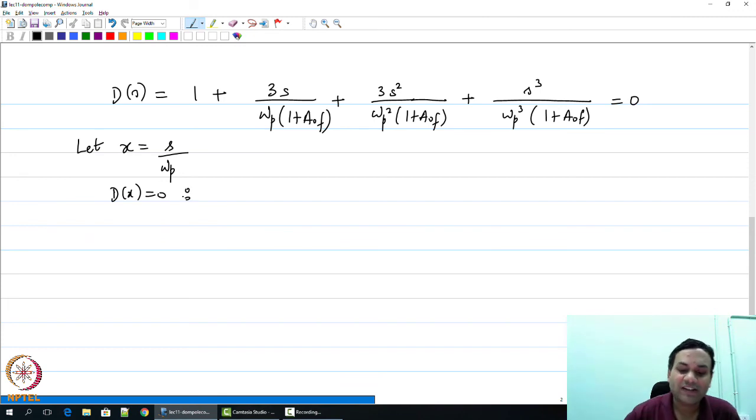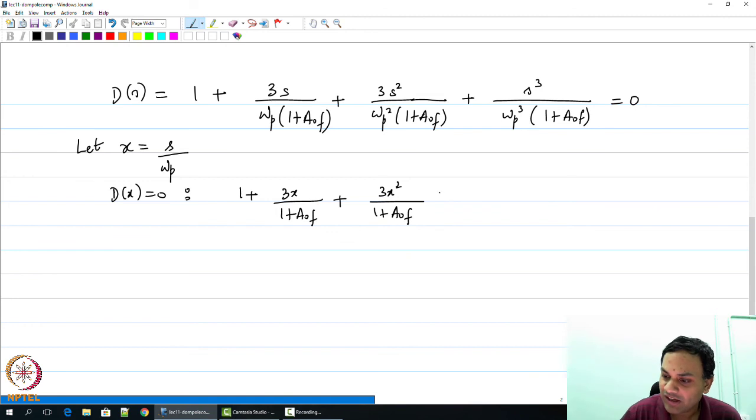So the roots of d of x equal to 0 is the same as finding the roots of 1 plus 3x by 1 plus A naught f plus 3x squared by 1 plus A naught f plus x cubed by 1 plus A naught f equal to 0.